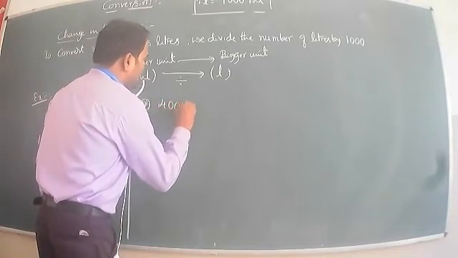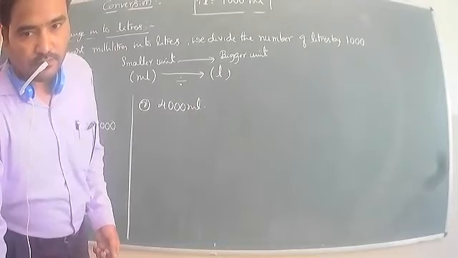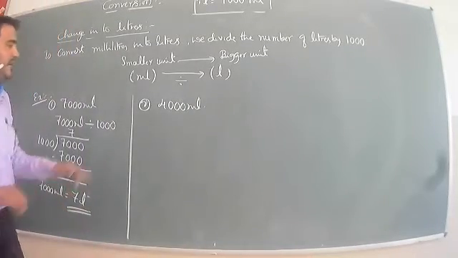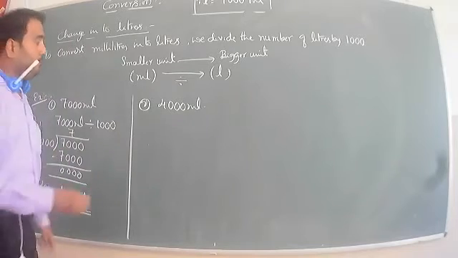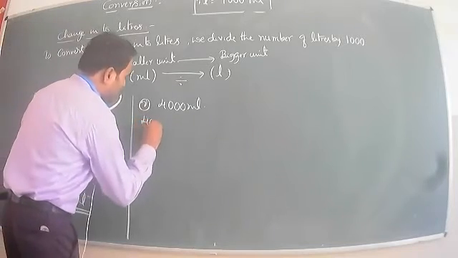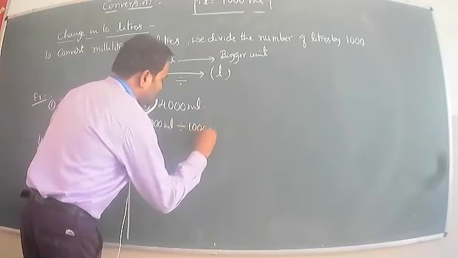4000 milliliter. Now it is 4000 ml. Let us convert it to liter. So 4000 ml divided by 1000.